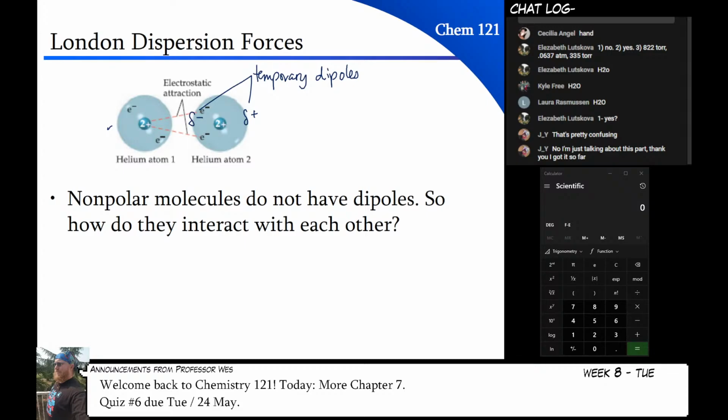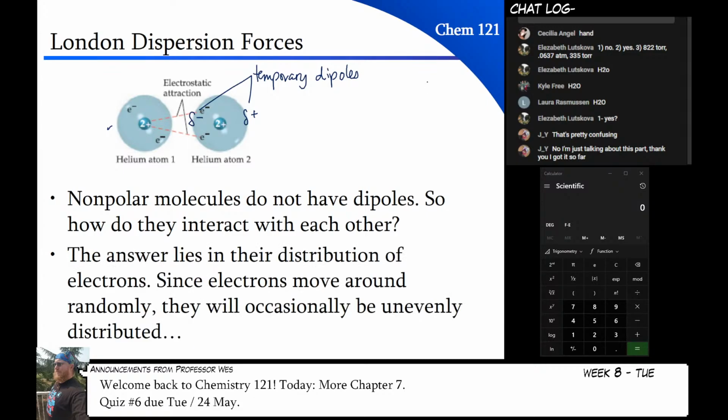So temporary dipoles can be formed by the unequal distribution of electrons. Now, this picture's terrible. I wish I could find a better picture of this, but if I have a molecule where my electrons are unevenly distributed, then two sides that have opposite temporary dipoles still attract to each other.